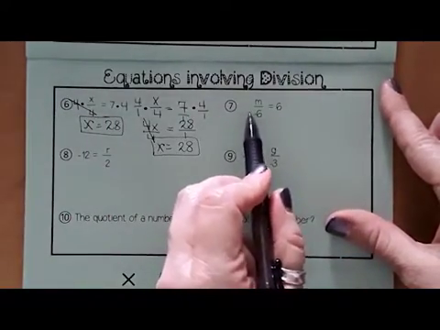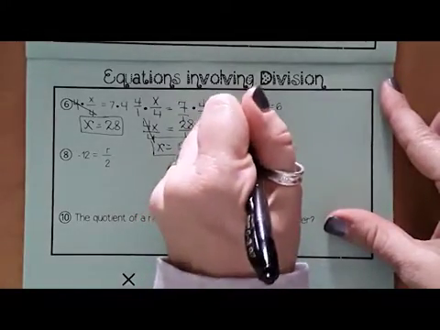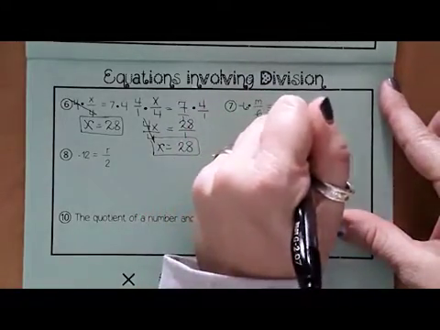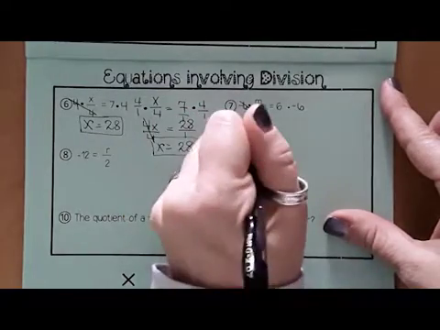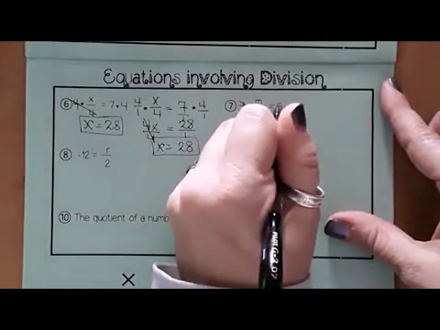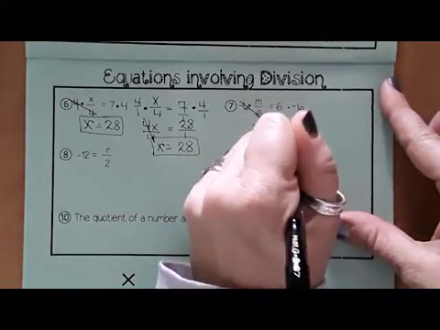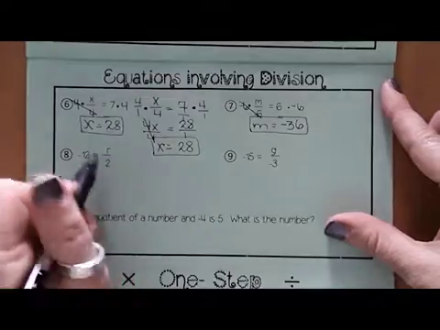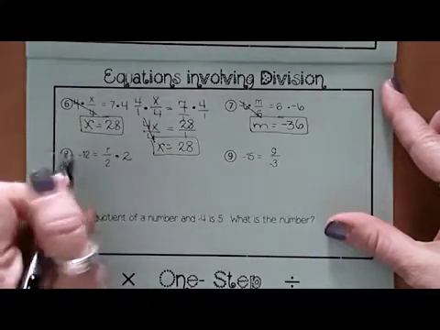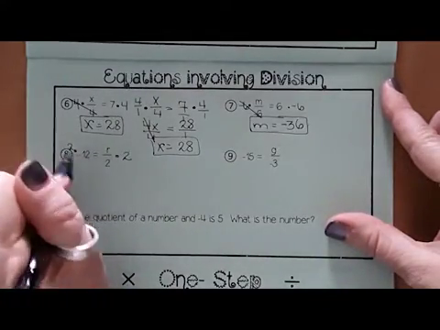In order for me to get m by himself, I'm going to multiply that negative 6 by both sides. Negative 6 and negative 6 cancel on the left. Bring down m. 6 times negative 6 is a negative 36. Next one, we're going to multiply that 2 to get r by himself.